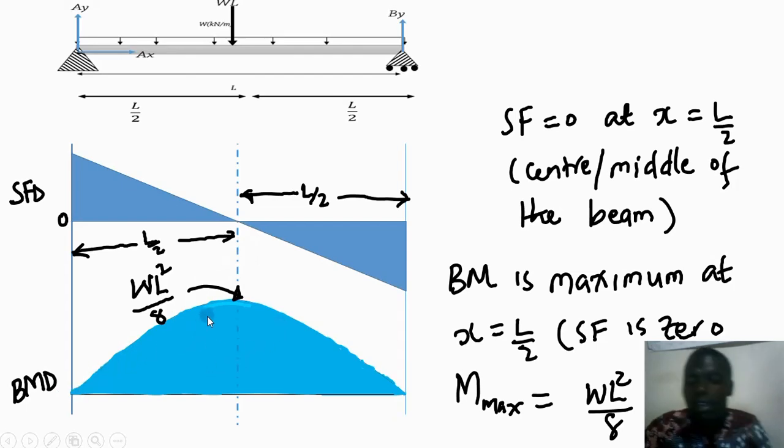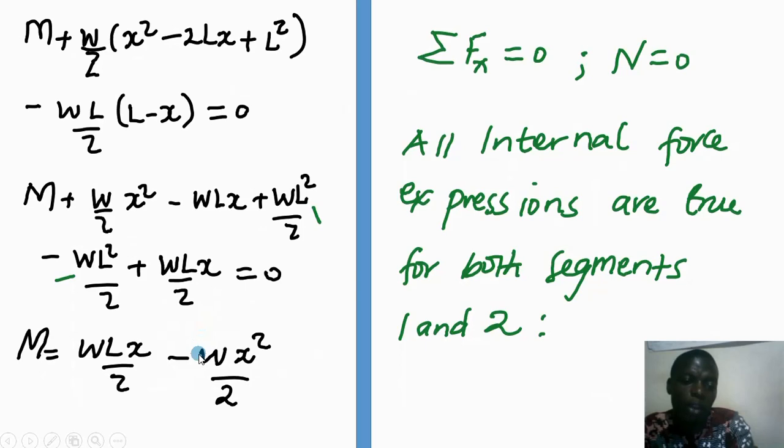And since the path is parabolic, since it is wLx out of 2 minus wx squared out of 2, this is going to be opening towards the negative y direction. If I had wLy out of 2 minus wy squared out of 2, this would be opening in the negative x direction.